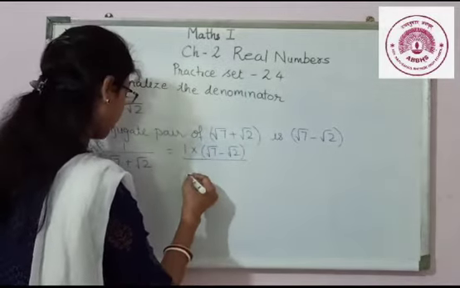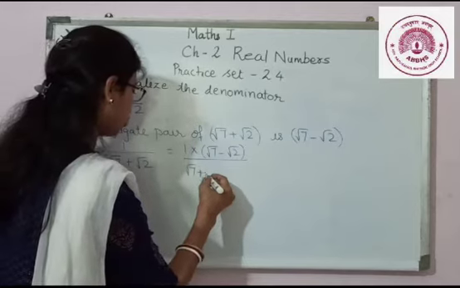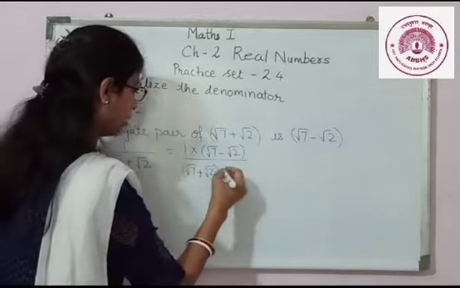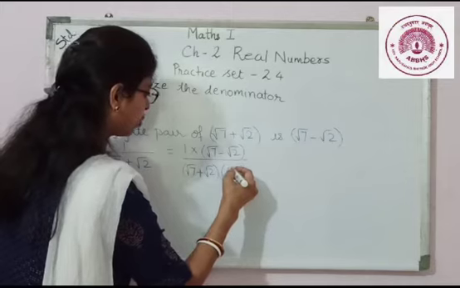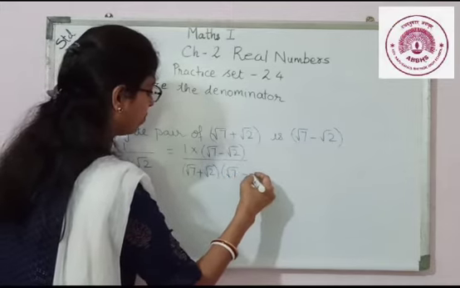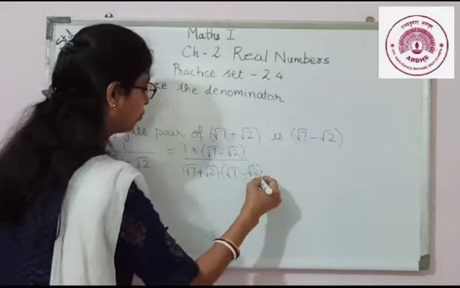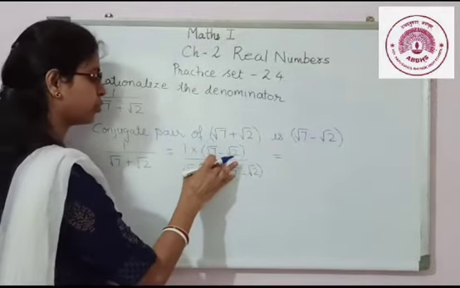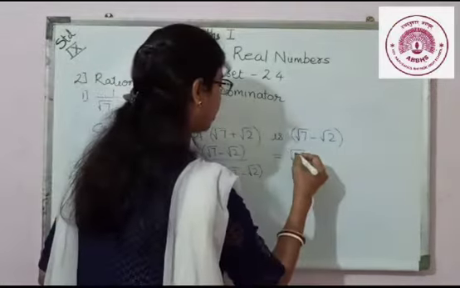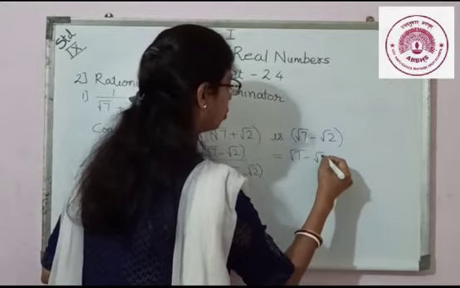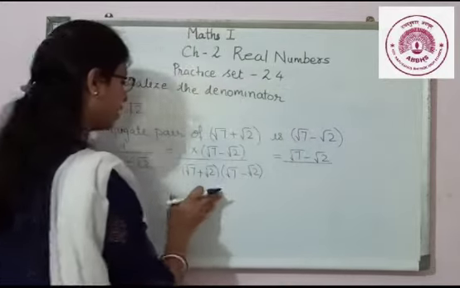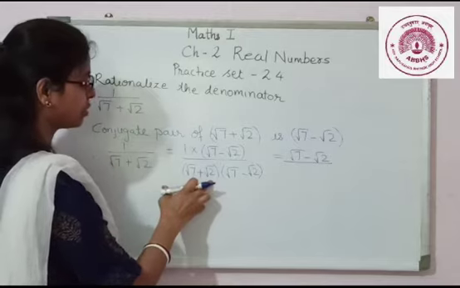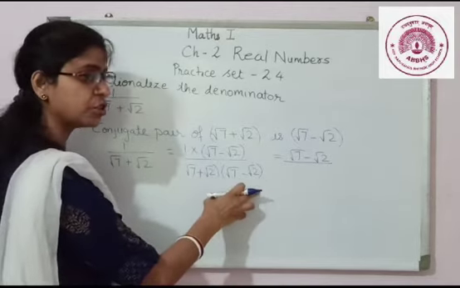Now the denominator is root 7 plus root 2. This will be multiplied by its conjugate pair, that is root 7 minus root 2. So this is equal to 1 multiplied by root 7 minus root 2 is root 7 minus root 2, and in denominator root 7 plus root 2 multiplied by root 7 minus root 2.